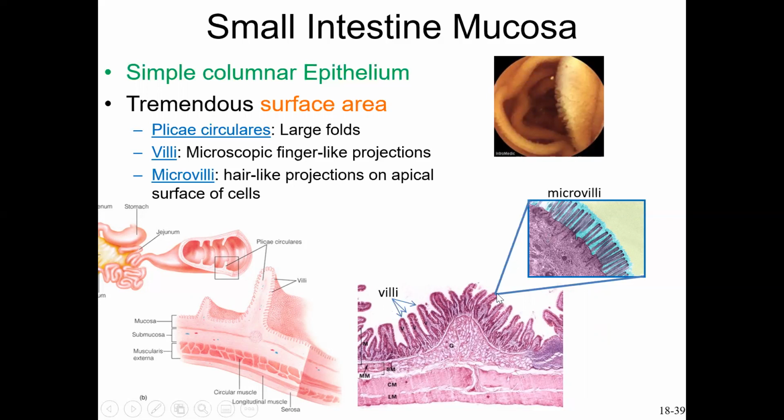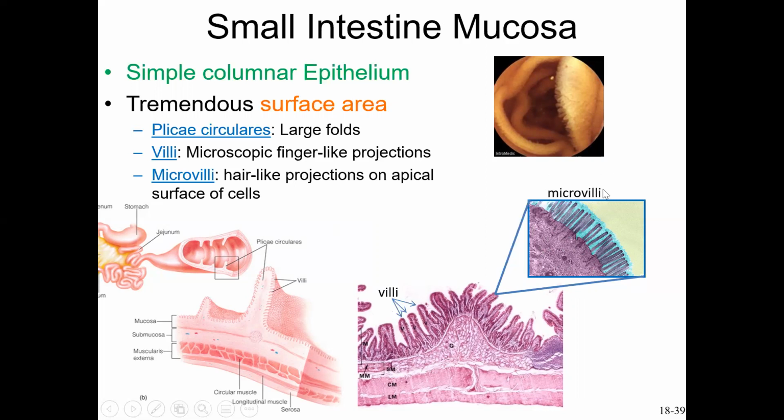Now, if you zoom in a lot and look at the apical surface of the simple columnar epithelial cells, you'll notice these tiny little finger-like extensions. Those are called microvilli.